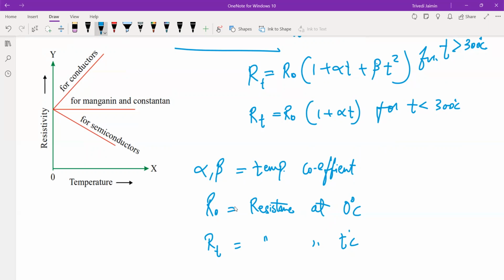Make a note. So what are manganin and constantan? They are alloys. Do you know the composition of manganin?